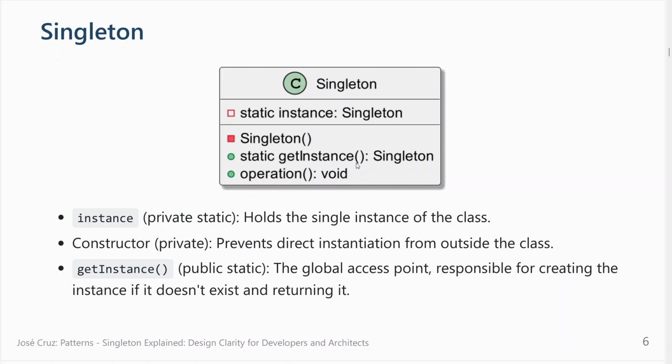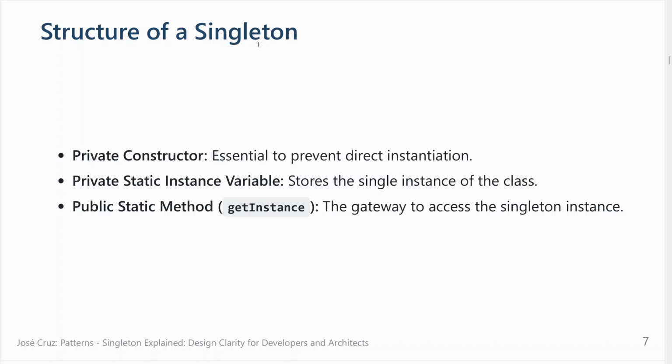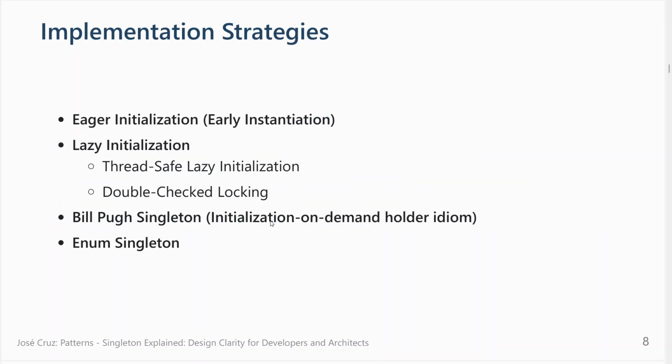That is the purpose of the singleton. So the structure of the singleton is a private constructor, a private static instance variable, everything is hidden, but you have a public static method that works as a kind of gateway to access the singleton instance. And here you can work the code the way that fits your solution best. But you will see some examples in a moment.